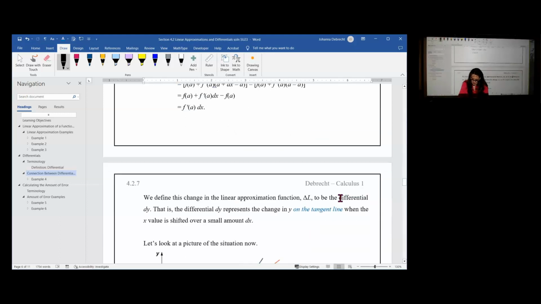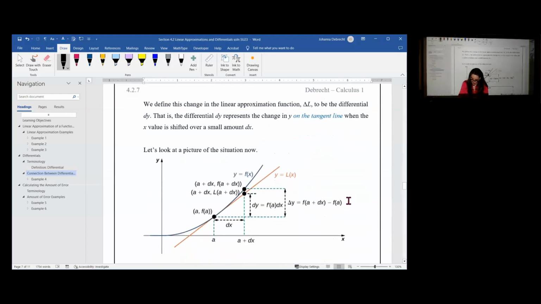Let's now take a look at a picture where we can represent these different values. The true function is here in blue, and the tangent line approximation at the point a, f of a, is in orange. We can tell that as long as we're close to a, the tangent line is very close to the function, and the function is nearly linear close to a.